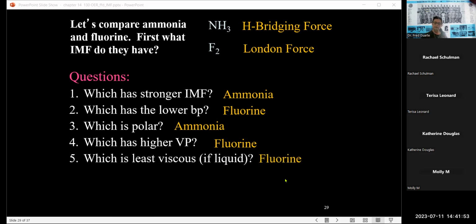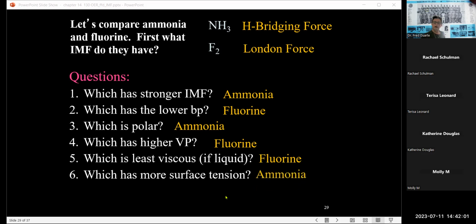Again, that would be the one with the weaker force, which would be fluorine. And then the surface tension would be ammonia. Ammonia will have more surface tension because it has the stronger force. So if we had liquids of fluorine and ammonia, the ammonia would bead up more than fluorine, okay?